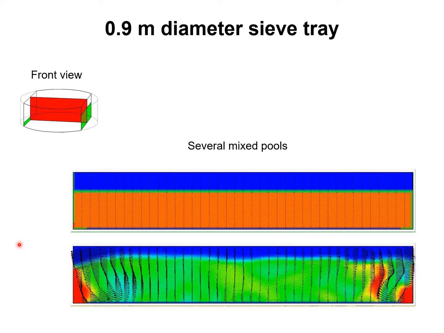This explains several of the models used to calculate the Murphree tray efficiencies. And in practice, the Murphree tray efficiencies may exceed unity because of the staging of the liquid on the tray.